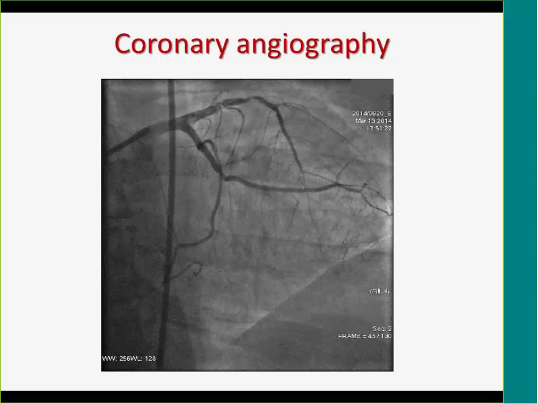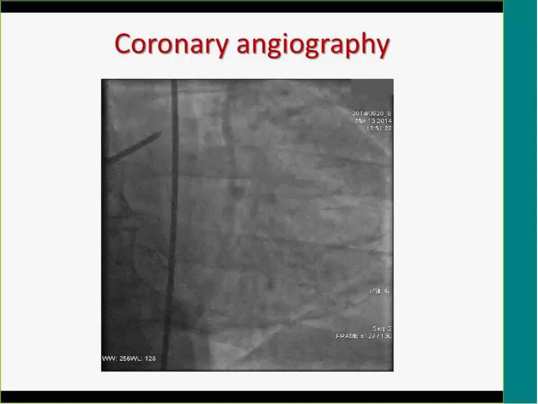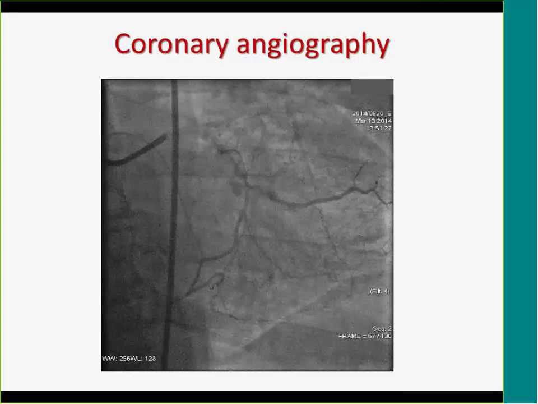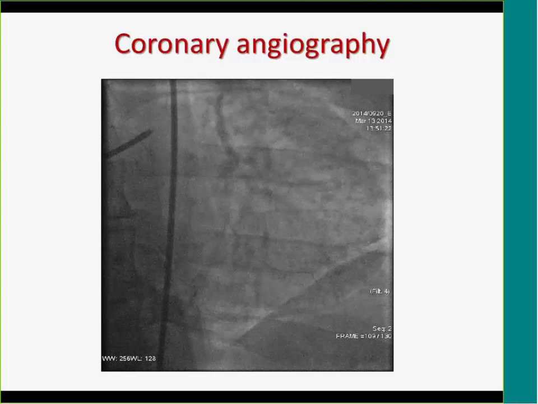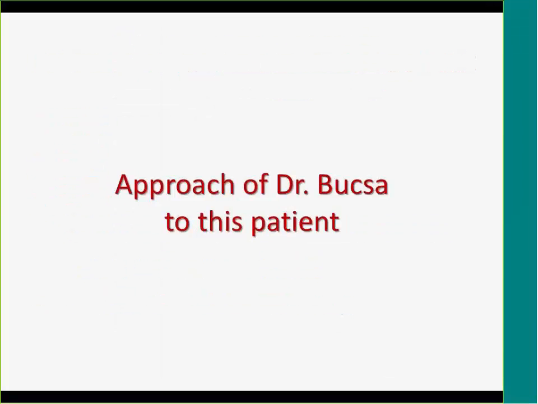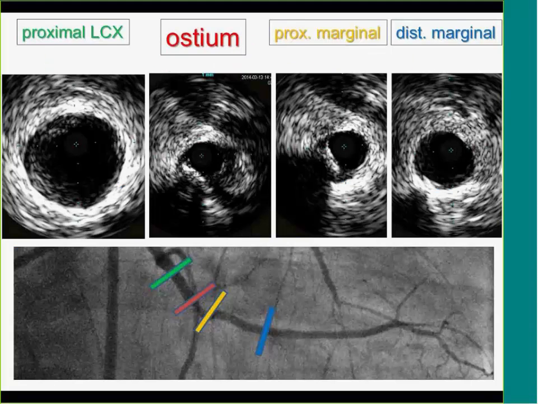I decided to use an antegrade recanalization attempt of the flush occlusion of the distal circumflex because of the disease of the LAD. So I didn't want to do a retrograde. And just to identify the proximal cap of the occlusion, we did an IVUS from the proximal circumflex to the marginal branch.